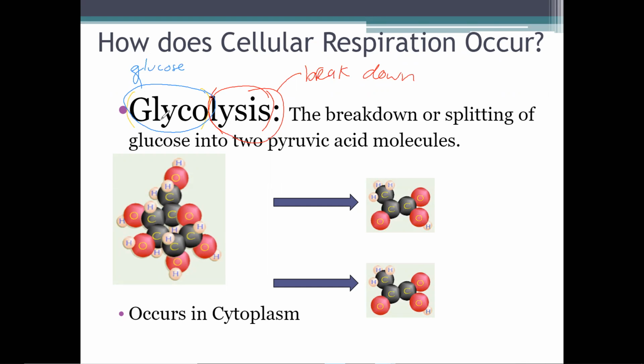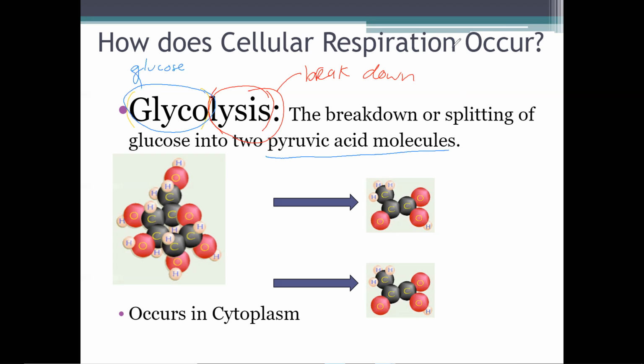And you can kind of see that because we have that GL happening, the glyco, glucose, they sound like one another. So quite literally, when we read this term, we're reading glucose breakdown. So in glycolysis, shockingly, what happens is glucose gets broken down into two pyruvic acid molecules.